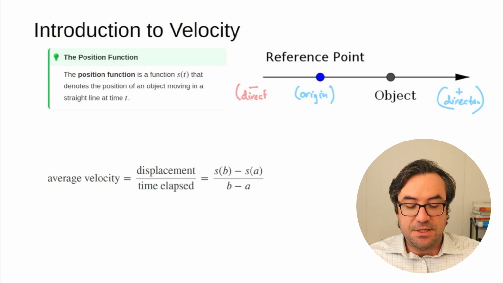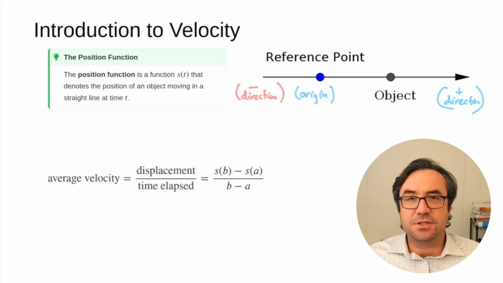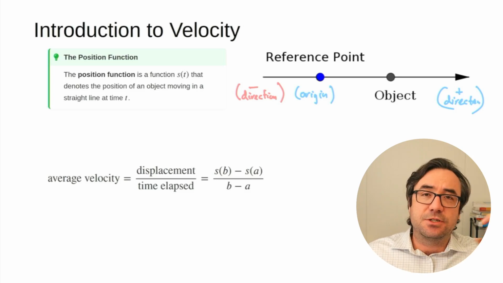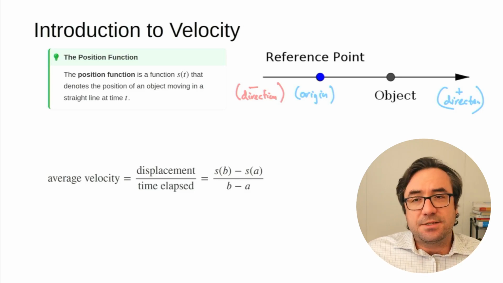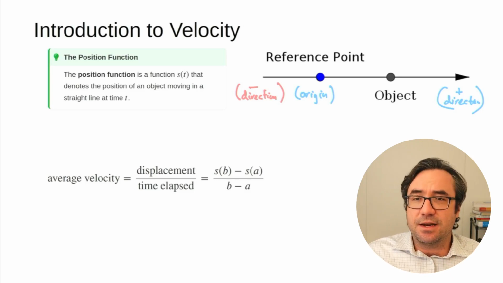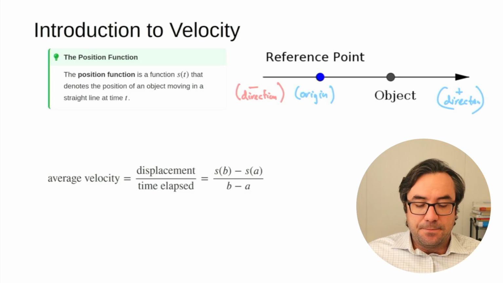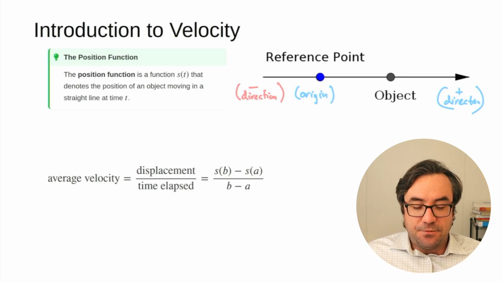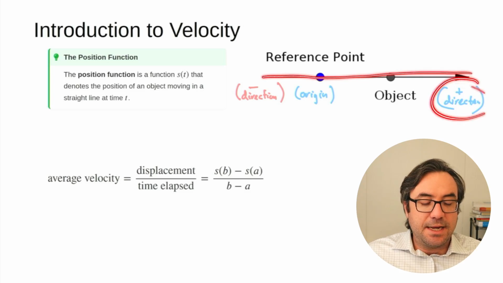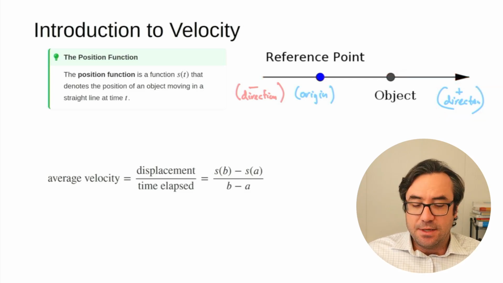A lot of times this is either down or to the left, just like the x-axis and the y-axis. The x-axis has the positive direction and the negative direction. The y-axis has the positive direction and then the negative direction. So if we're looking at a horizontal line, a lot of times the positive direction is to the right and the negative direction is to the left, but not always.